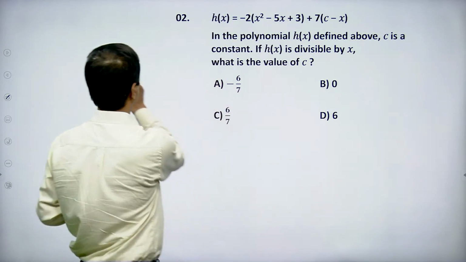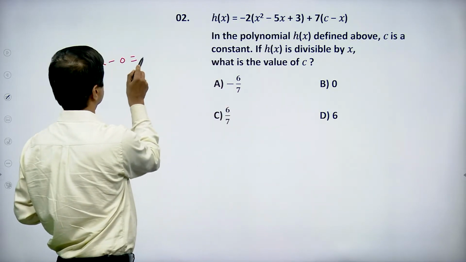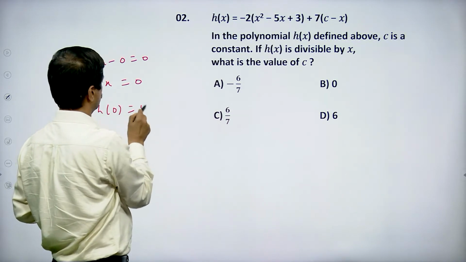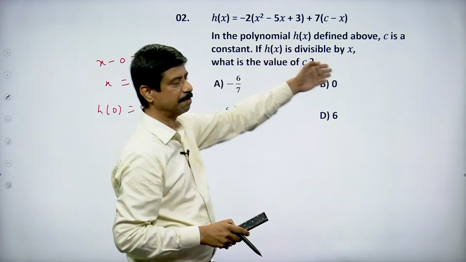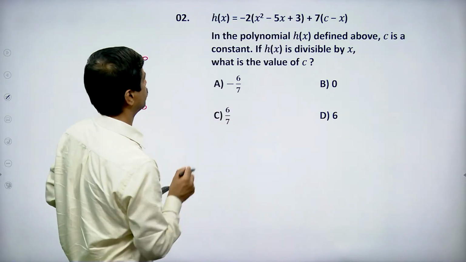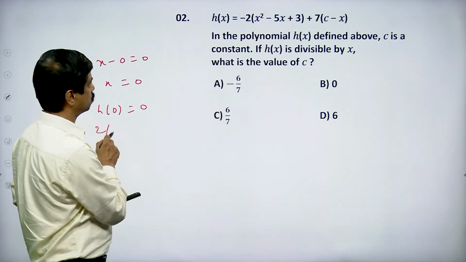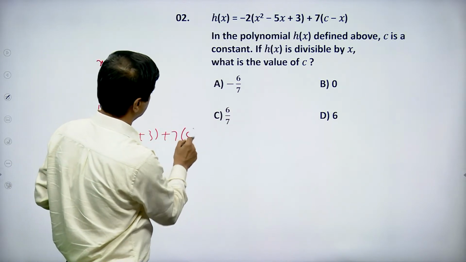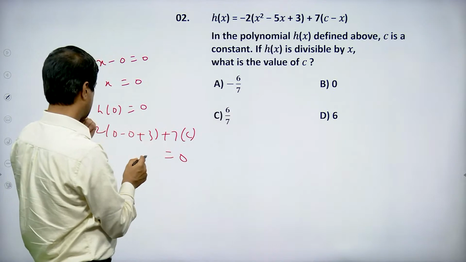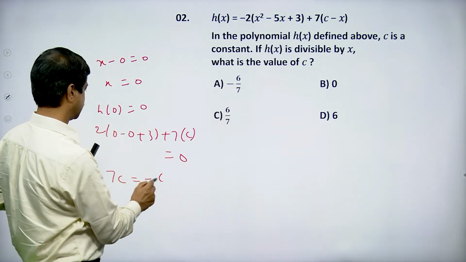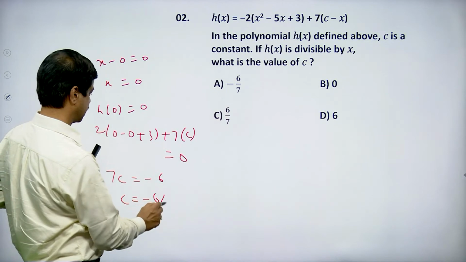So divisible by x means x minus 0 equal to 0, x equal to 0. So h of 0 equal to 0, remainder is 0. Therefore you will get 2 into 0 minus 0 plus 3 plus 7 into c equal to 0. So now 7c equal to minus 6. c equal to minus 6 by 7.